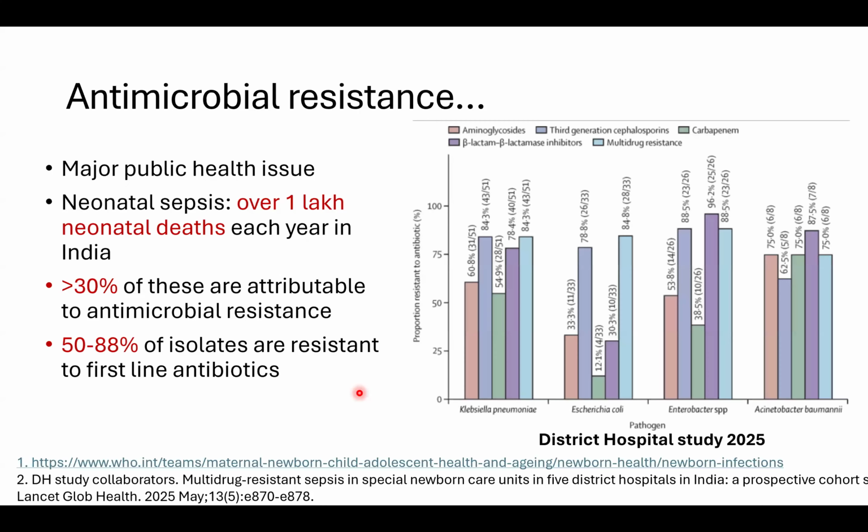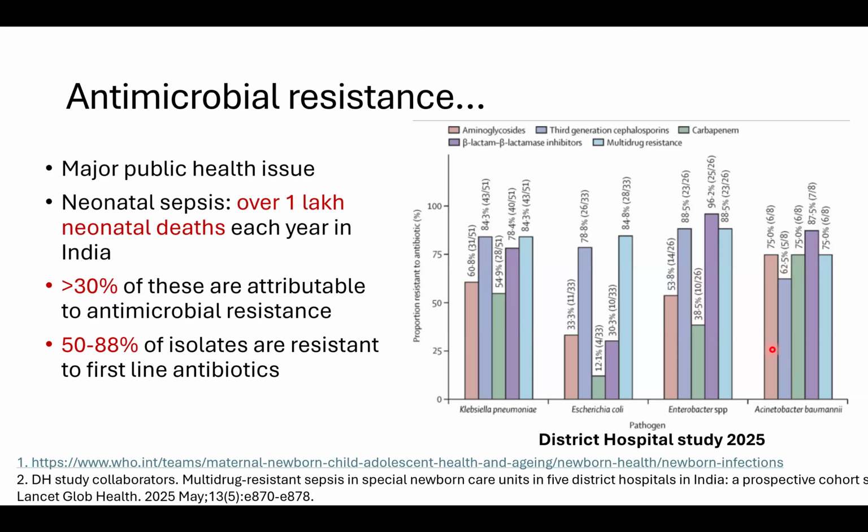Just to show some basic idea, you don't have to go into the detail of this graph, but this is from a study that was led by Professor Jiva Shankar, in fact. We did this in district hospitals. Our traditional understanding is that the more acute the NICU, the higher the resistance would be.